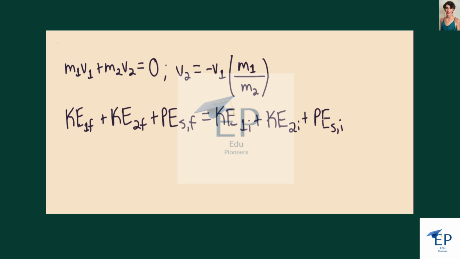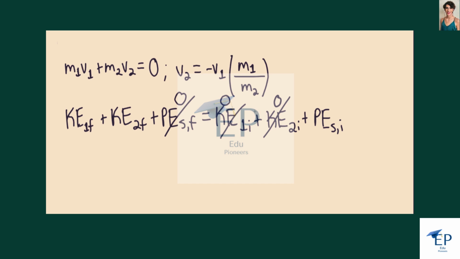Now, we know that the kinetic energy sub 1 initial is equaling kinetic energy sub 2 initial and equaling potential energy of the spring final. So these are all 0.